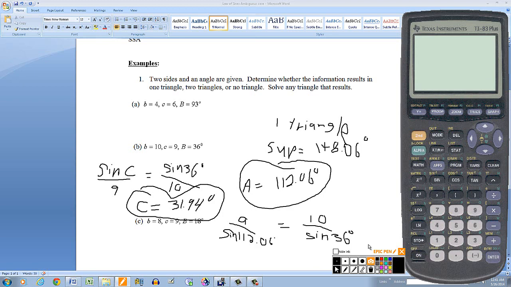Okay, so now we just use the calculator. We'll clear this, and I'll just say it's 10 divided by the sine of 36 degrees. And I'll just hit enter. And then I multiply this, so this will be times the sine of 112.06.